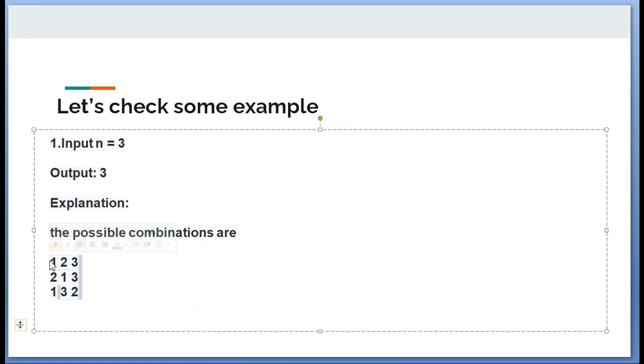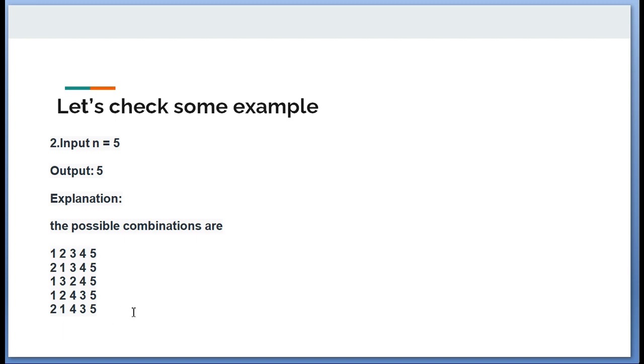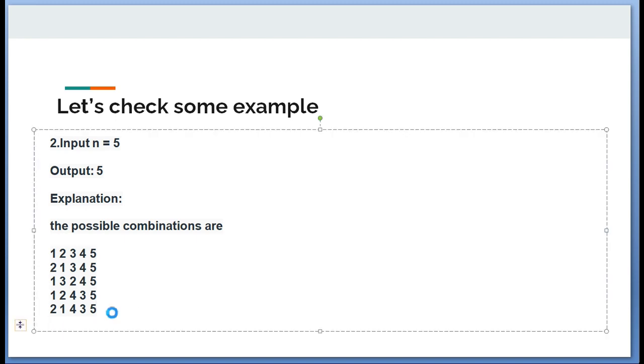We will take them and put them like 5 4, 5 4, 5 4. So it's nothing but we are just adding the value of n minus 1 plus n minus 2 valid positions. So when the value is 5, it's 5 plus 3, that is 8.